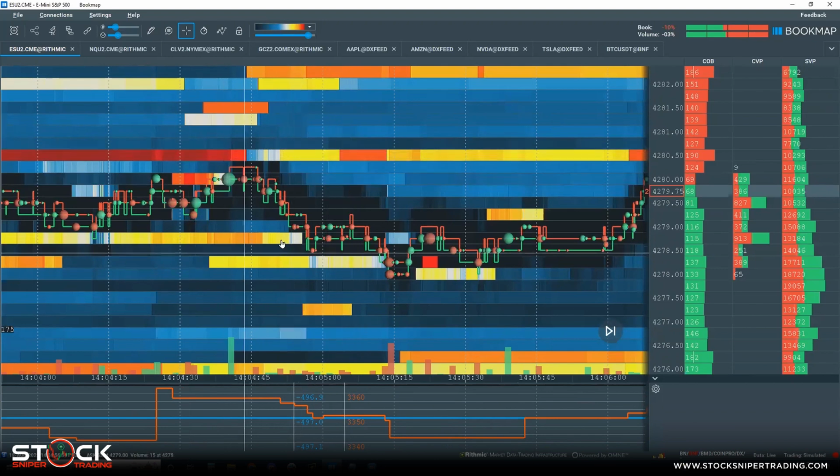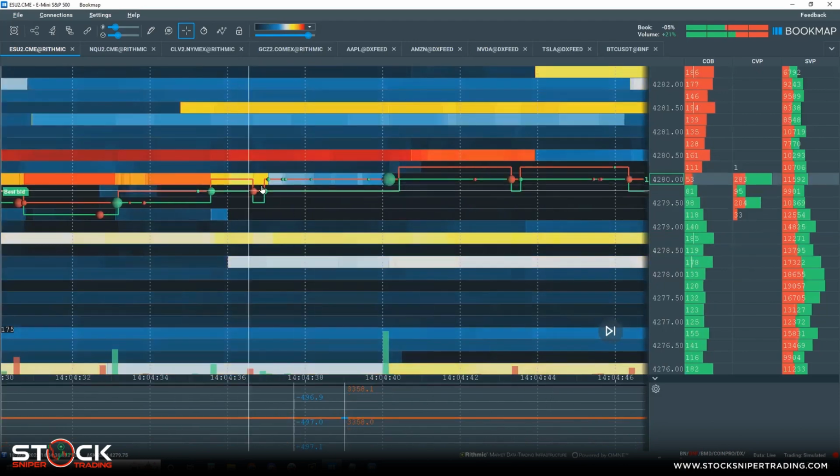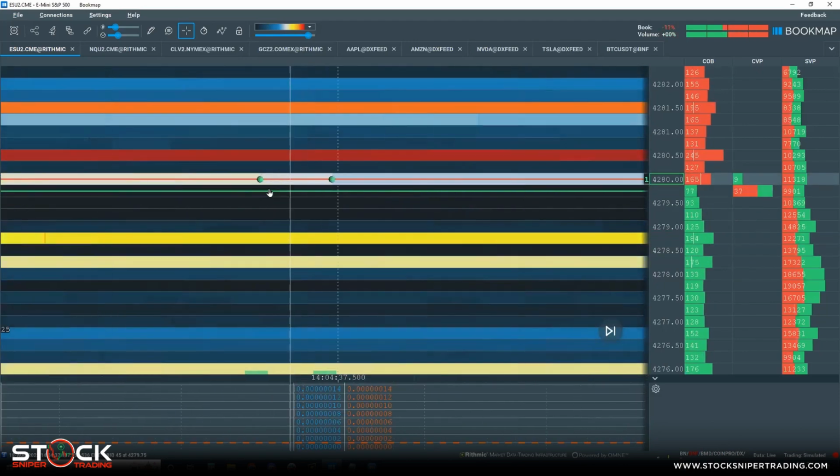What they came up with was this system of showing the liquidity and the volume and best bid and offer to see how their algos were performing. We showed it to some others, and they really liked it and said, well, if you make that a platform, we would buy it. And that was the birth of Bookmap. So just like this example up here in the S&P, it traded into this liquidity here, but we can zoom in here and we can see every single transaction.